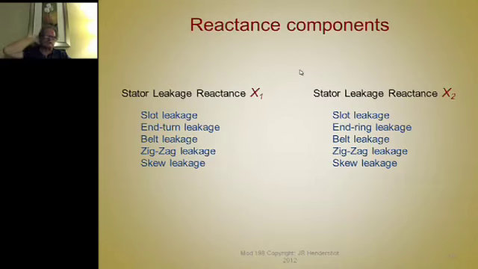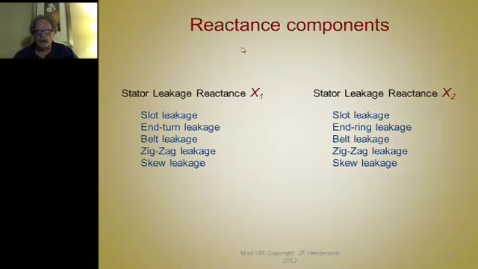The reactance components are the most difficult things to calculate, and there have been many famous motor engineers down through the years that have come up with their own methods, with calibration or fudge factors they use for different kinds of machines and different shaped bars, that helps them to calculate the leakage reactance.